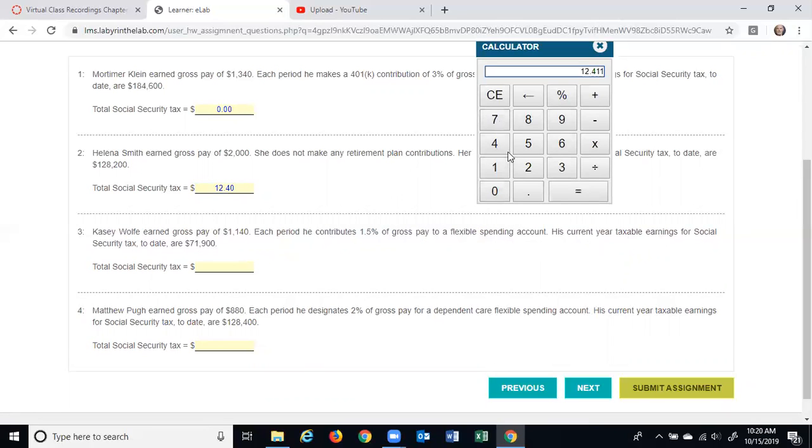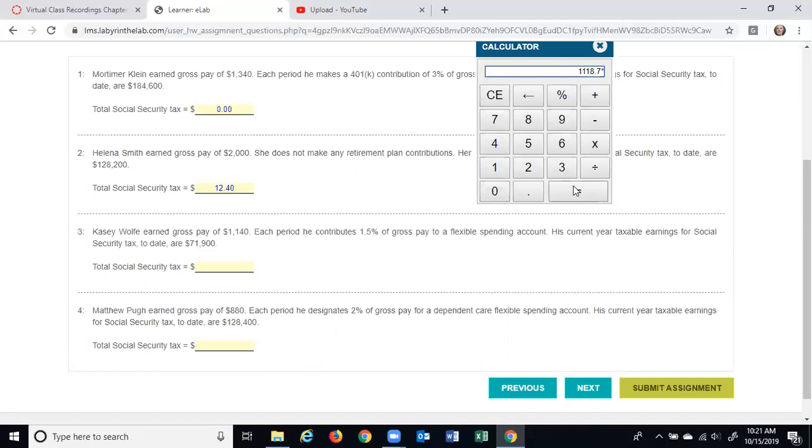So we're going to calculate 1140 times 1.5%, 0.015. Oh, shoot. I used the wrong number.